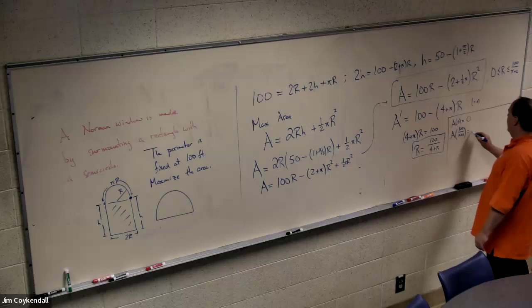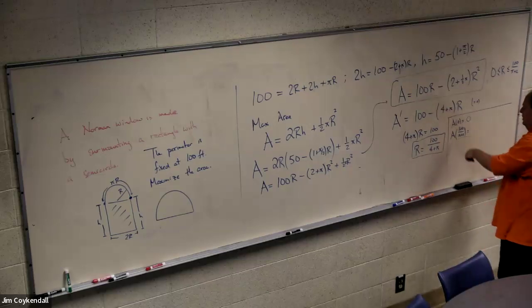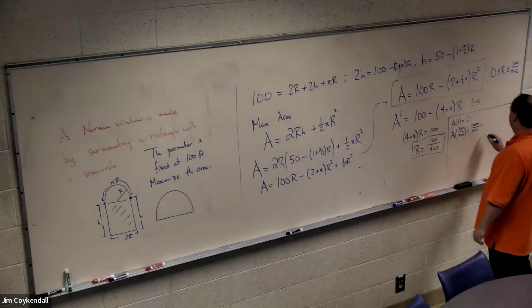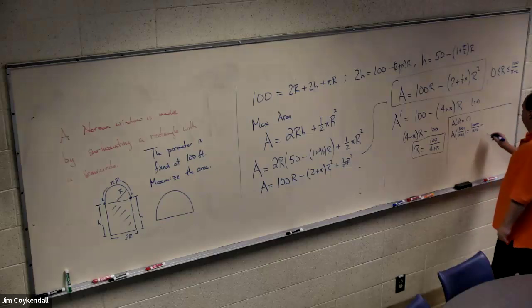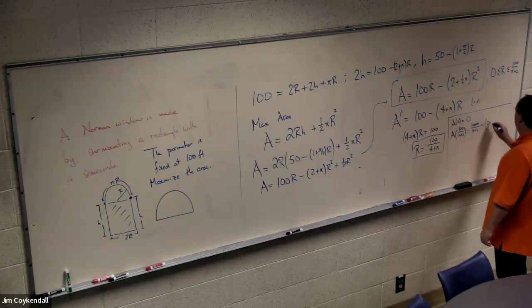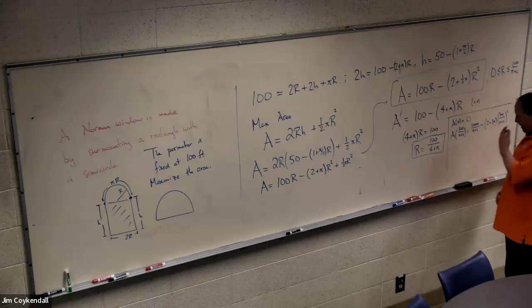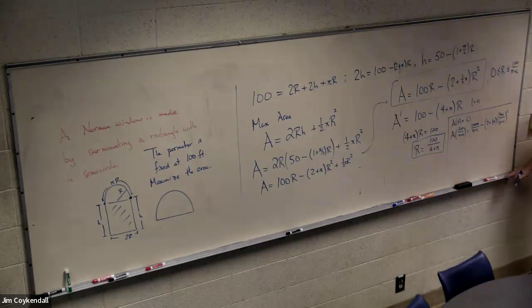This is 100 times R, so it's going to be 10,000 over pi plus 2, minus (2 plus one half pi) times 100 over pi plus 2, quantity squared.